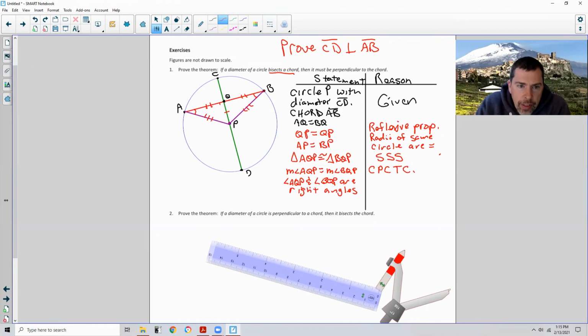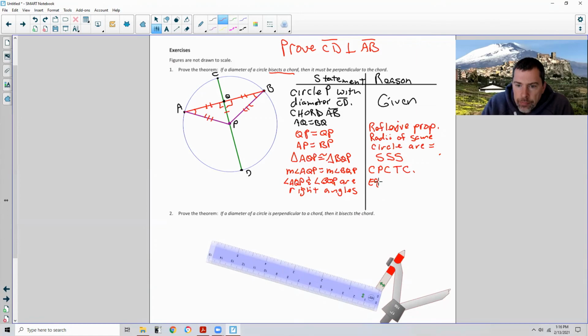And why is that? They're equal because of corresponding parts of congruent triangles, and if they are equal and they are a linear pair, that's 180 degrees, then they have to be 90 degrees. So that's what we would say.